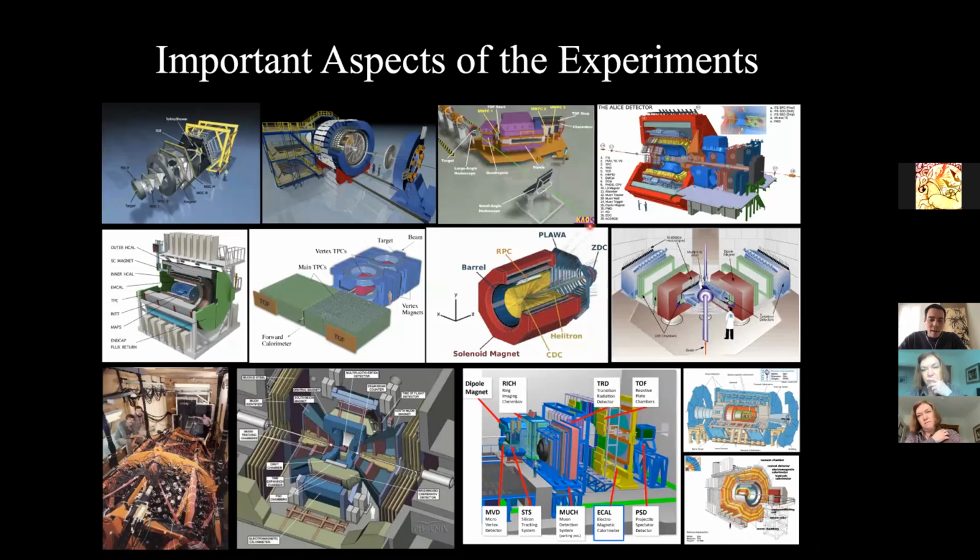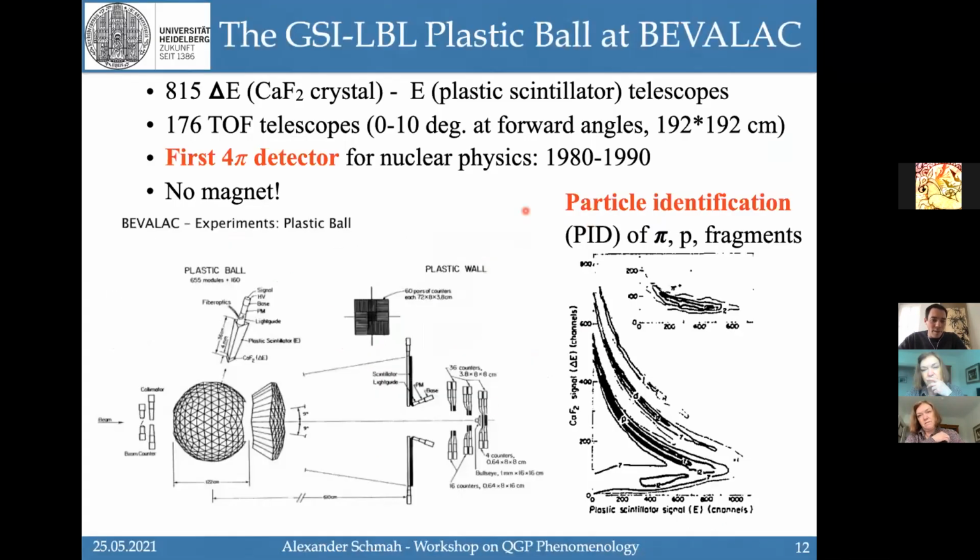I start with maybe the original heavy ion experiment, the GSI Lawrence Berkeley Lab Plastic Ball experiment at the Bevalac, the accelerator facility I just showed you. Here we had about 800 telescope-like crystals and scintillators, which were surrounding the target, which was somewhere in this ball.